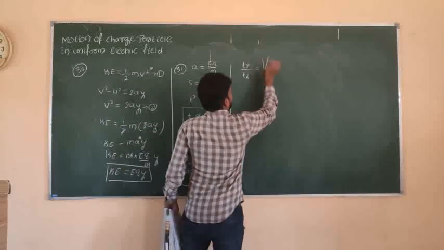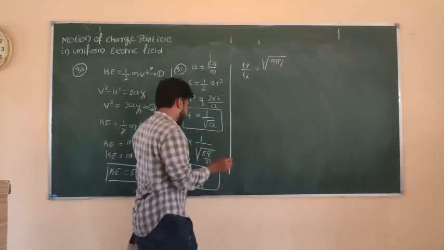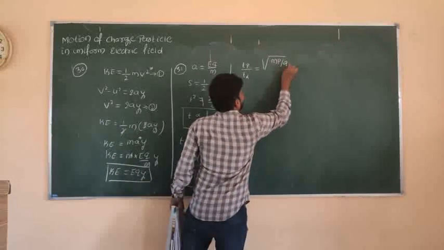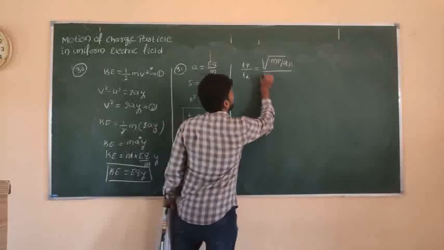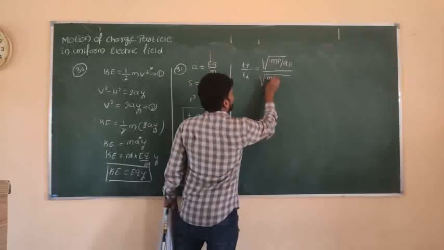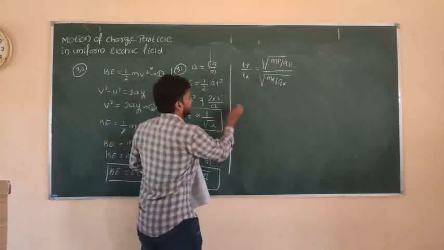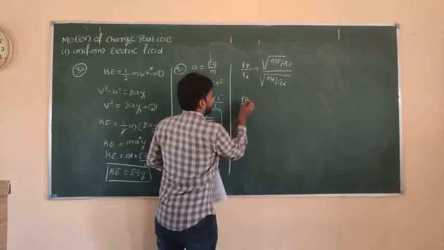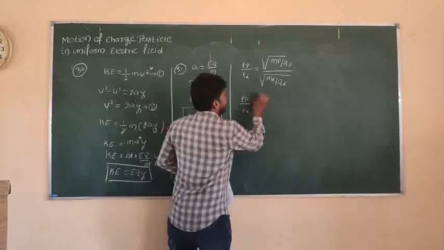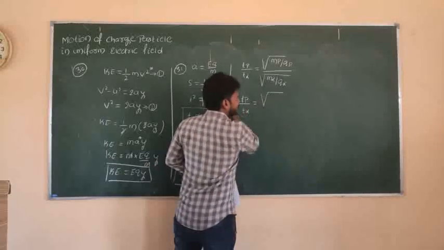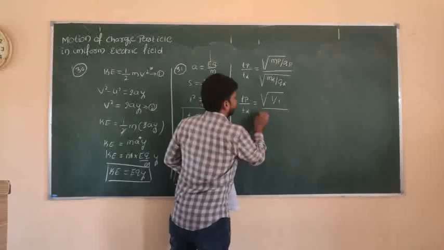Time in the case of the proton, mass of the proton divided by charge of the proton, and mass of the alpha particle and charge of the alpha particle. Time of flight for proton and for alpha particle. Mass of the proton, that is hydrogen 1, and charge is also 1.